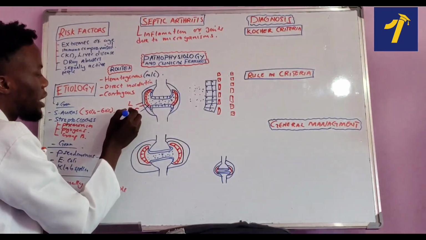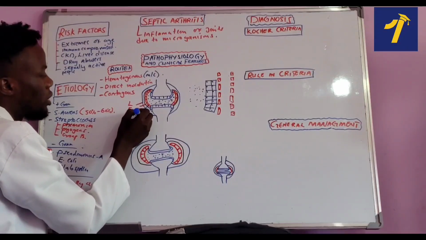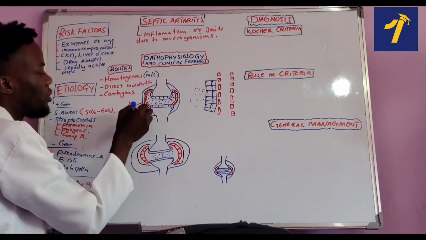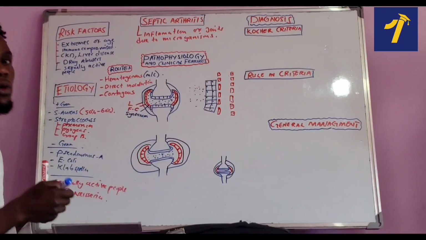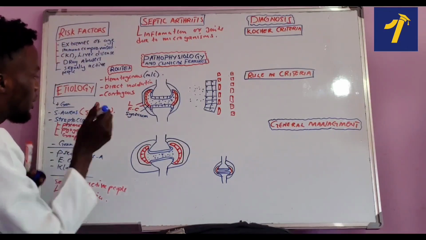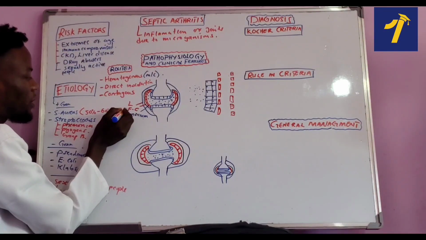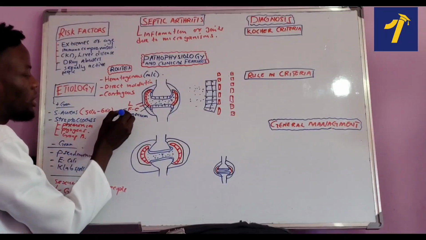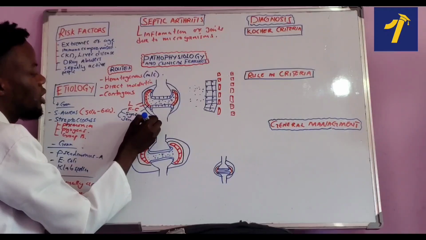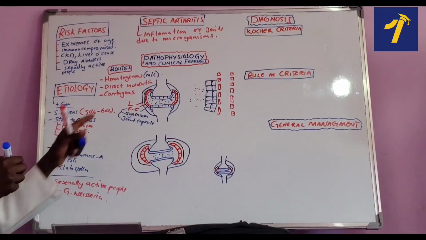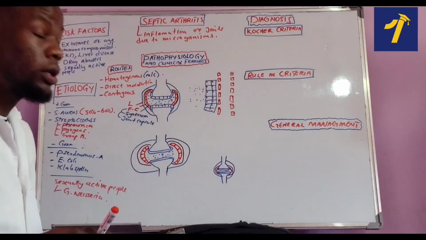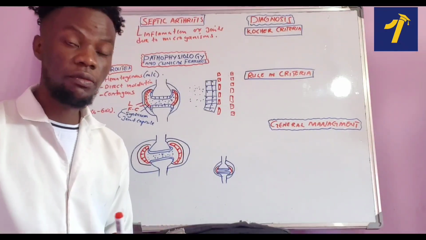We call it synovial membrane, or let's just say synovium. If I say synovium or synovial membrane, it's just the same. So the fibrous capsule and synovium make up what we call the joint capsule. You need to take note of that. It is a very important part of pathophysiology.